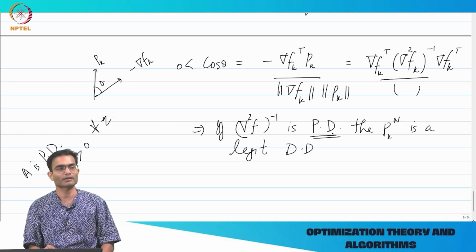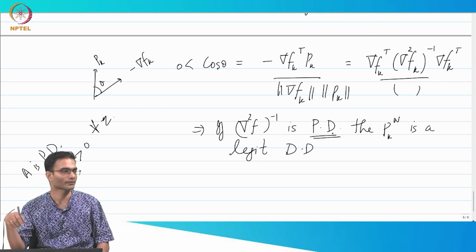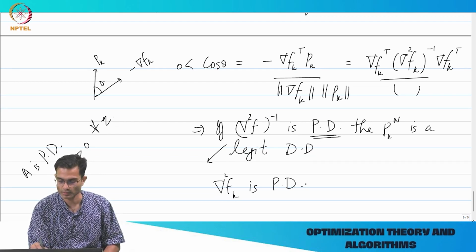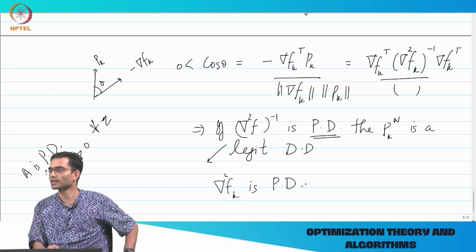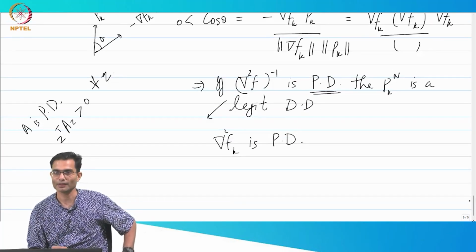Now you will find that in many places it is not written that the inverse of the Hessian is positive definite. Instead, it is written that the Hessian is positive definite. Are these two the same things? What is the simple linear algebra concept that tells us that it's the same thing? The eigenvalue decomposition, right?